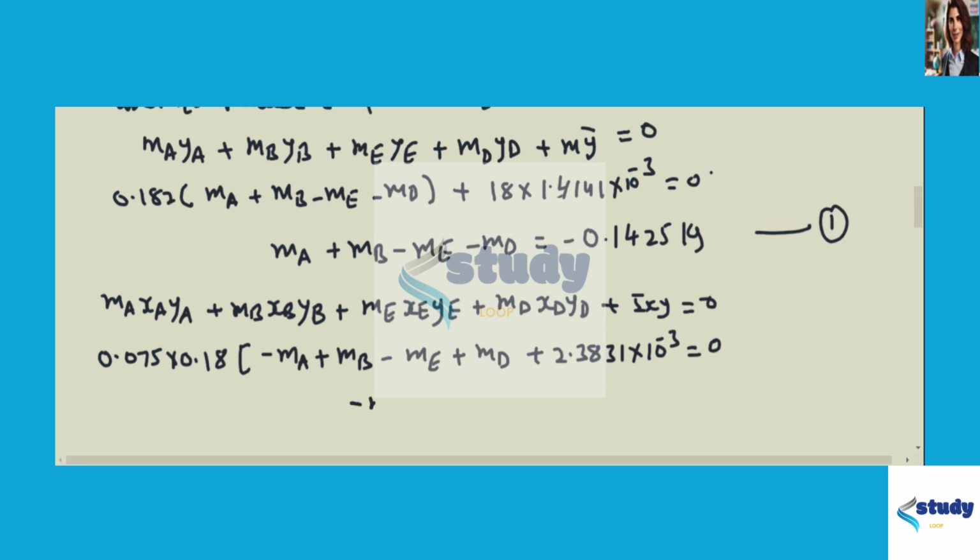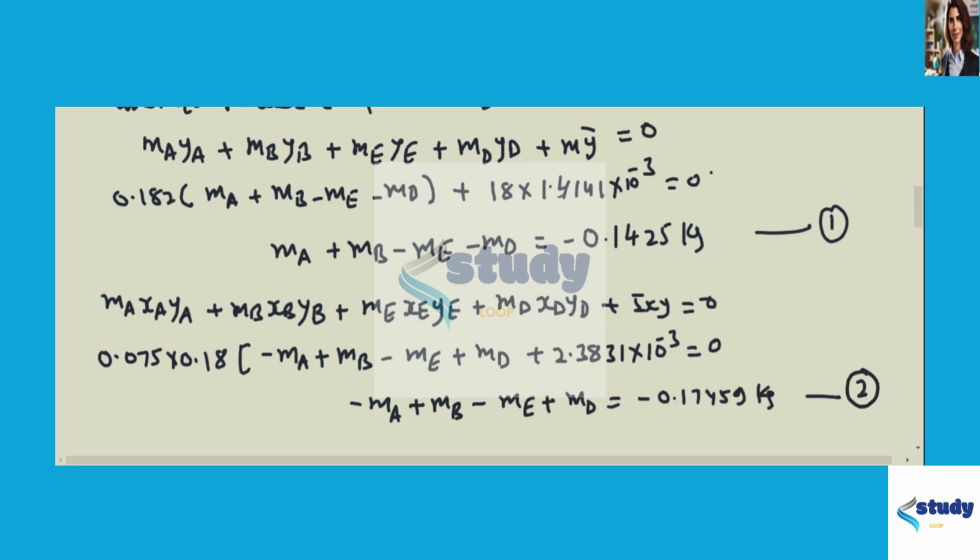So you will get minus MA plus MB minus ME plus MD to be equal to minus 0.17459 kg. This is your second equation.